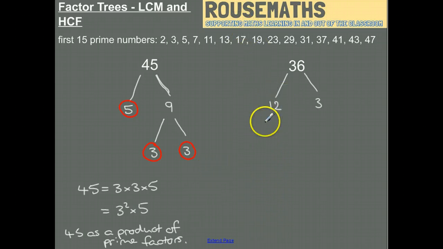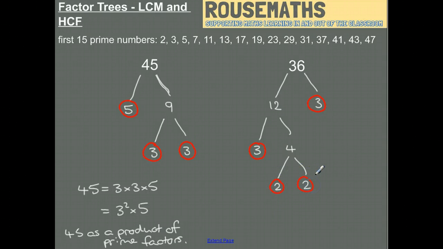For the next one, if I finish off this one, 3 is a prime number, so that will do. 12 can be split up into 3 and 4. Could have used 2 and 6 and you still end up with the same result. 3 is prime, but 4 is not, because it can be split into 2 and 2, because they multiply to give 4.